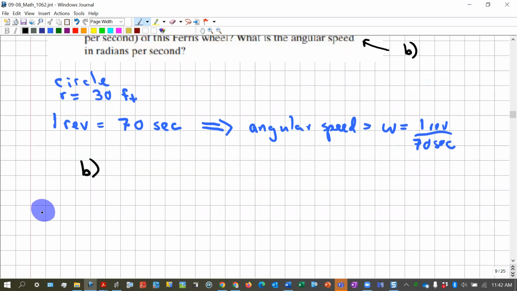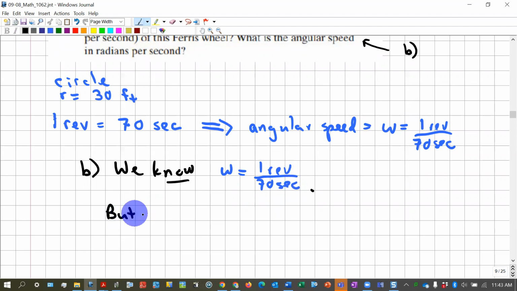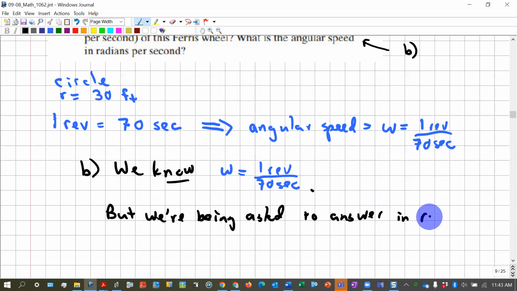So in part B, we were told in the problem that the angular speed is one revolution in every 70 seconds, but we're being asked to answer in radians per second rather than revolutions per second.